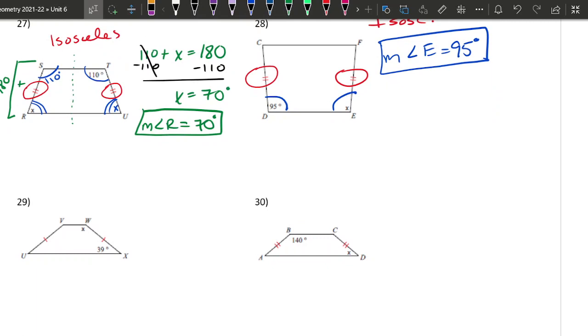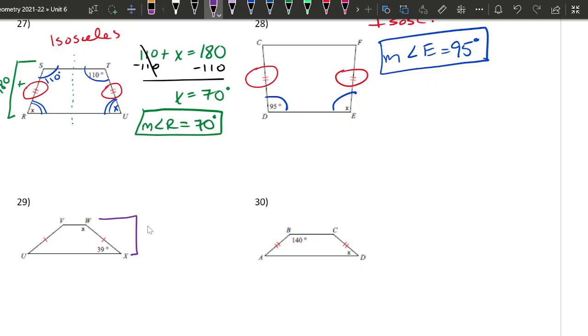Okay, number 29. It's isosceles, but really that doesn't even matter for this problem because I'm looking at consecutive angles, angles on the same side, which are supplementary.